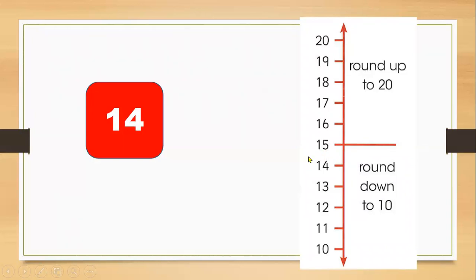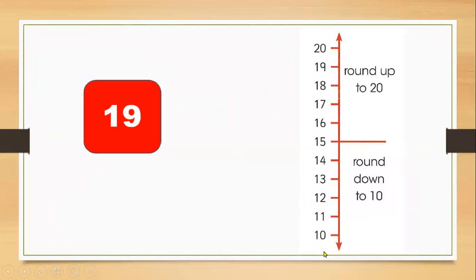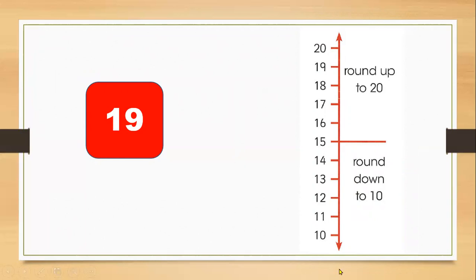So does 14 come after or before? Yes, 14 comes before 15, and 14 is smaller than 15, so you have to round down to 10. Look at the number 19. 19 is bigger than 15, the midpoint, so it should be rounded up to 20.